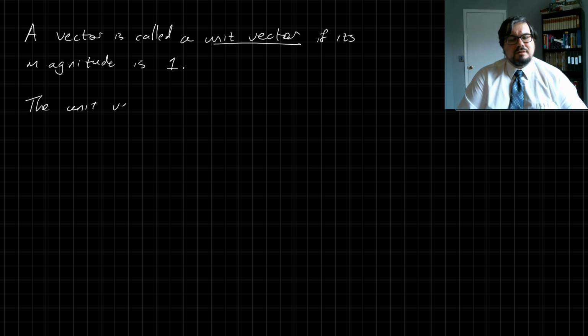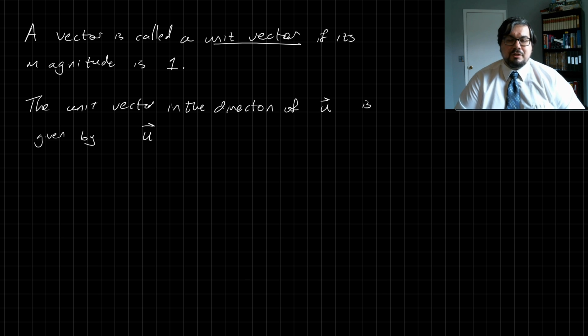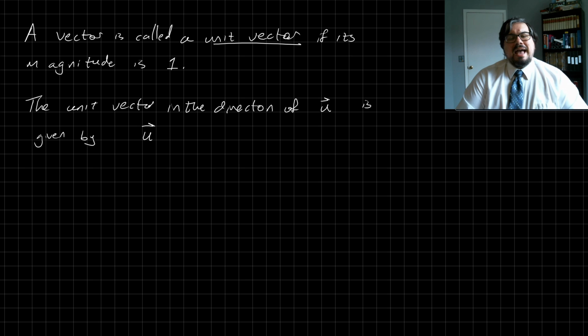The unit vector in the direction of the vector u is given by, well, we know that we find a vector in the direction of another one by taking a scalar multiple of it. That's what scalar multiples do. Now, whatever the magnitude of u is, if we want a vector that has a magnitude of 1, we need to reduce the magnitude of u to 1, or possibly increase it if it's smaller.